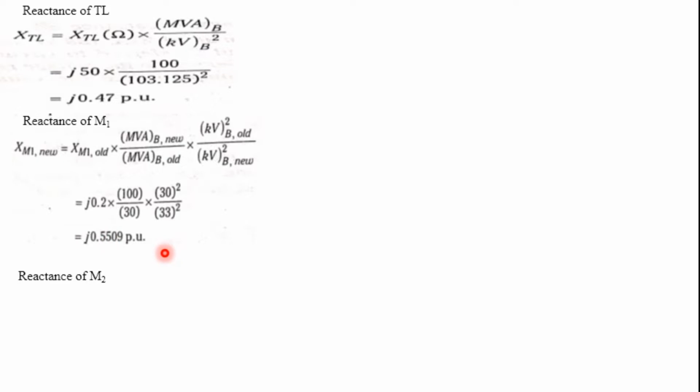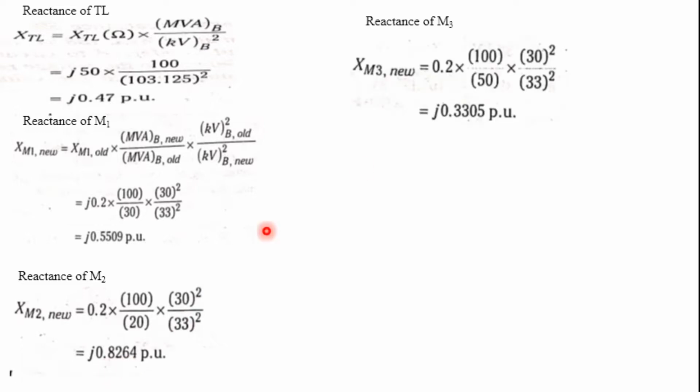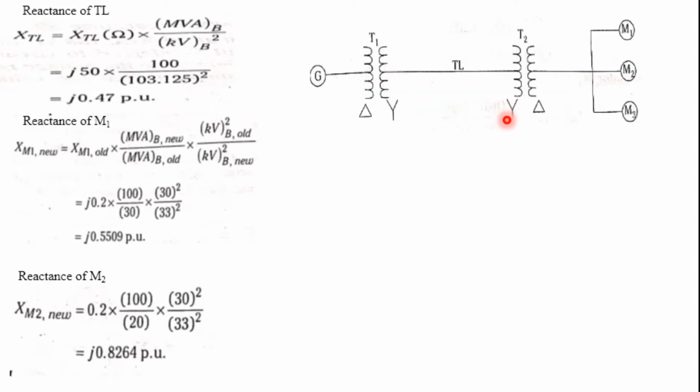Similarly for motor 2, we get 0.8264. Similarly for motor M3, the reactance of 0.2 into 100 divided by 50, with old value 30 and new value 33, we get 0.3305.